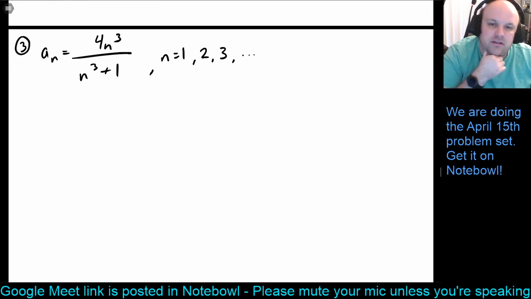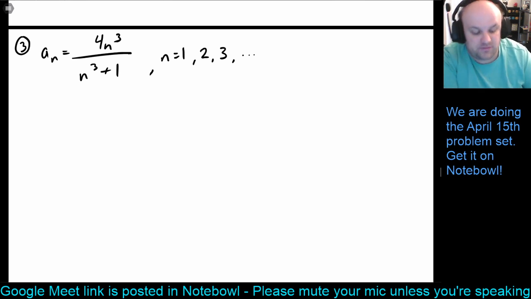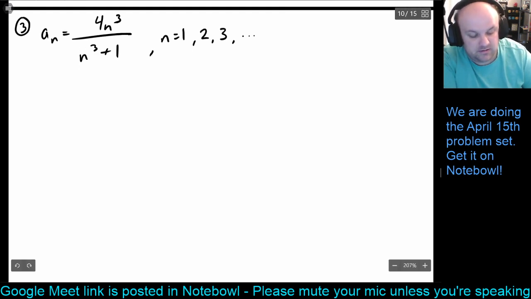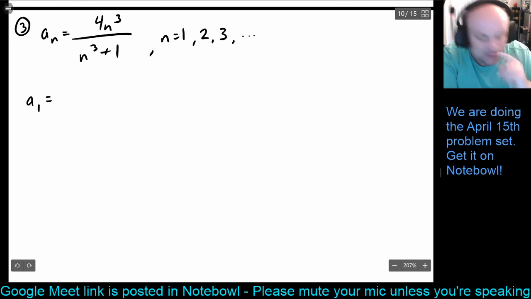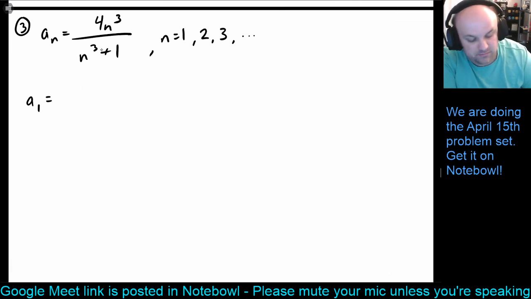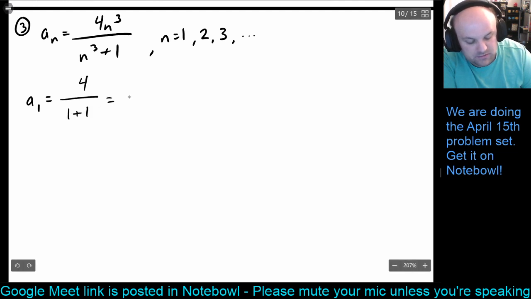So starting with n equals 1, let's find the first 4 terms of the sequence. All we're doing is plugging in 1. So this is 4 times 1 cubed, so 4 over 1 plus 1. So that's going to be 2.